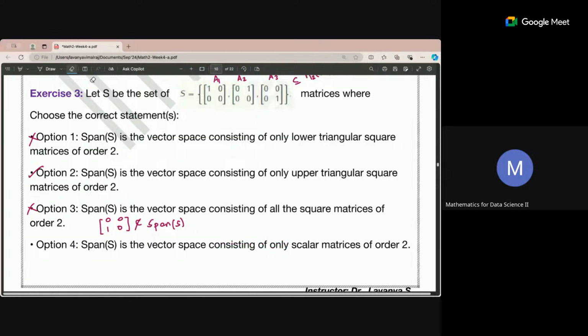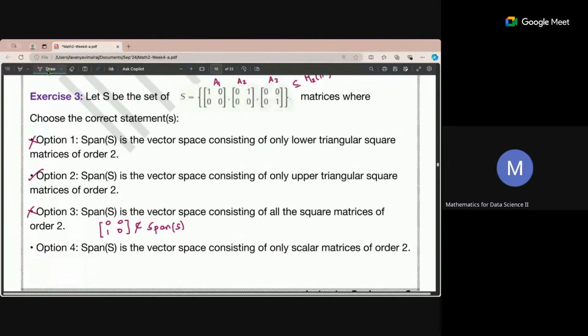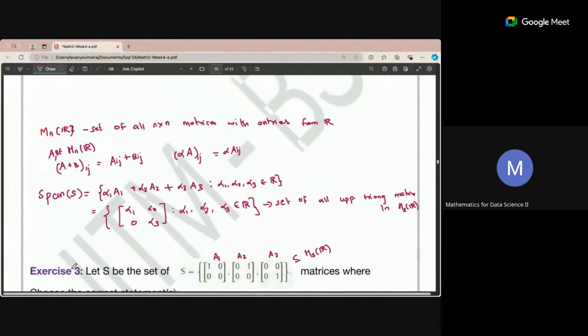I have already given names for the vectors: A1, A2, A3 are the matrices. Span of S is all possible linear combinations.